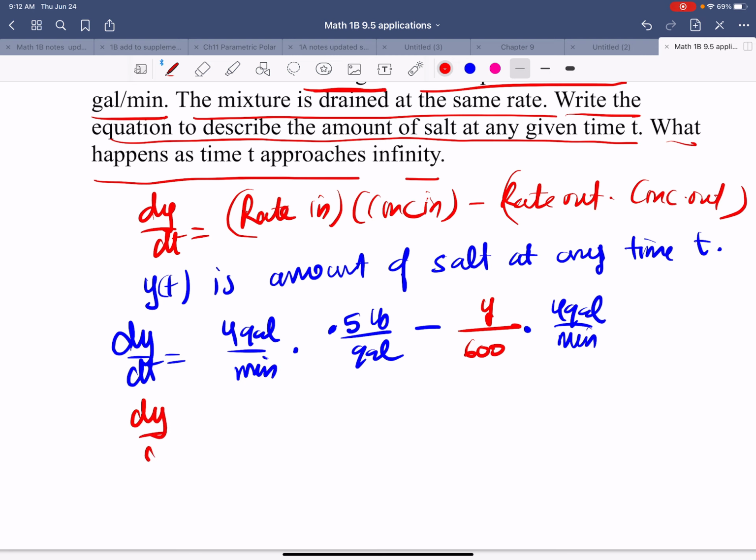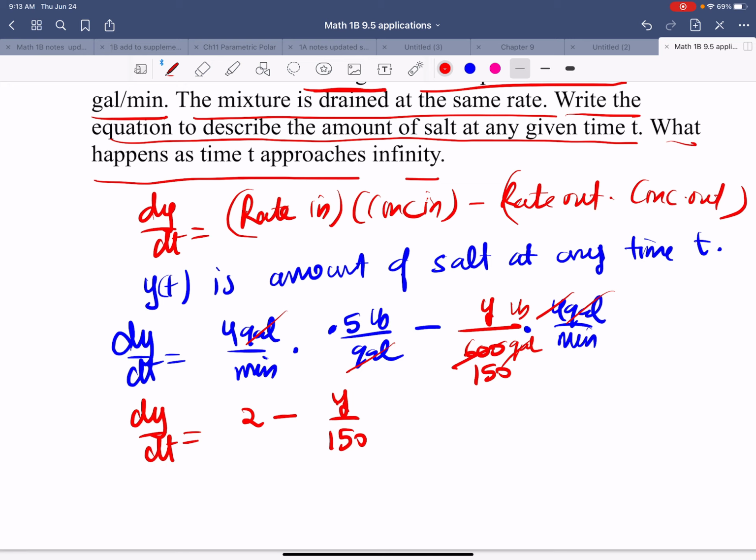So dy/dt would be 4 times 0.5, which is 2, minus y over 600 times 4, so that's 2 minus y over 150.